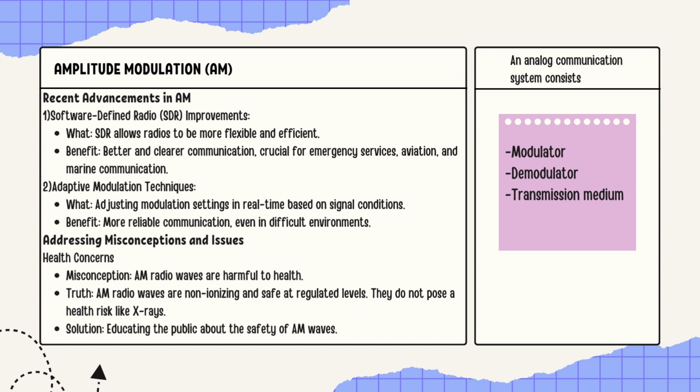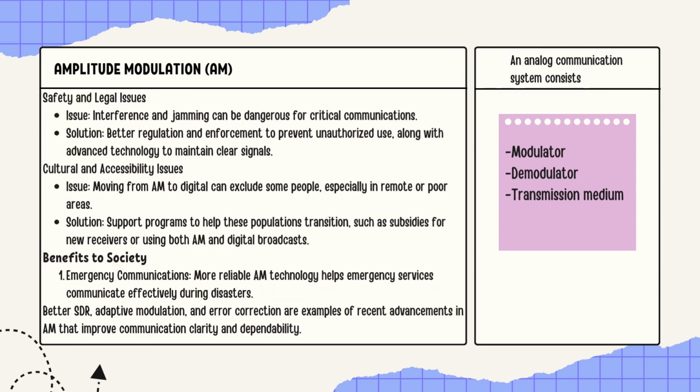The solution is educating the public about the safety of amplitude modulation waves. Then the safety and legal issue: the issue is interference and jamming can be dangerous for critical communication. The solution is better regulation and enforcement to prevent unauthorized use, along with advanced technology to maintain a clear signal.